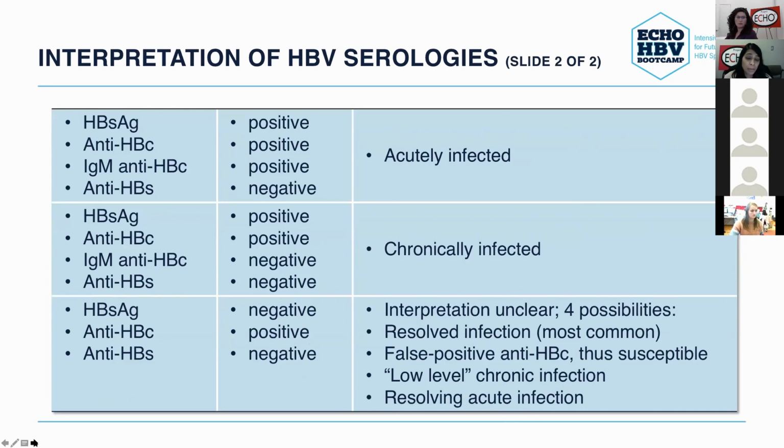By repeating or checking some of these additional tests in at least a 6-month time frame, you can get better confidence about which scenario you're dealing with. If everything stays the same, you're still left with this person being in the resolved infection category.